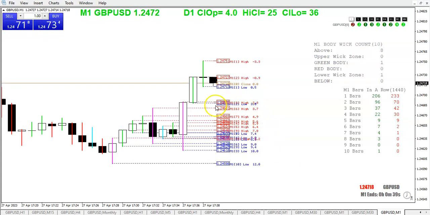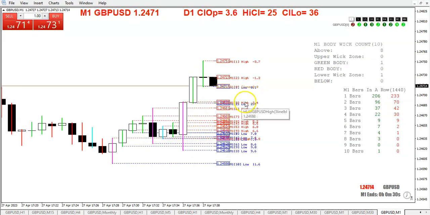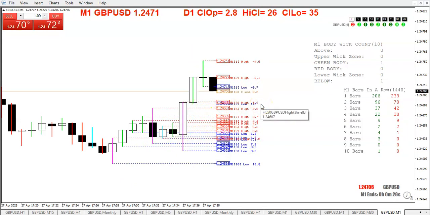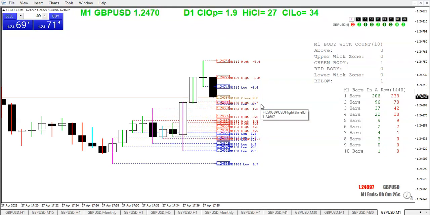As you can see, there's starting to be a lot of space between these lines, and what that means is price is moving, it's expanding a range. When you see these lines all bunched up together, that means price is definitely ranging as opposed to expanding.